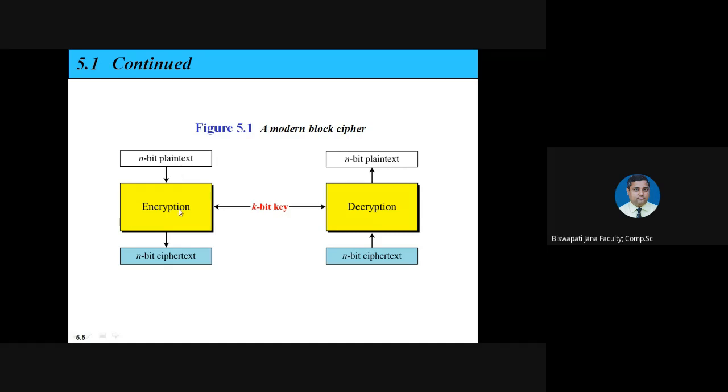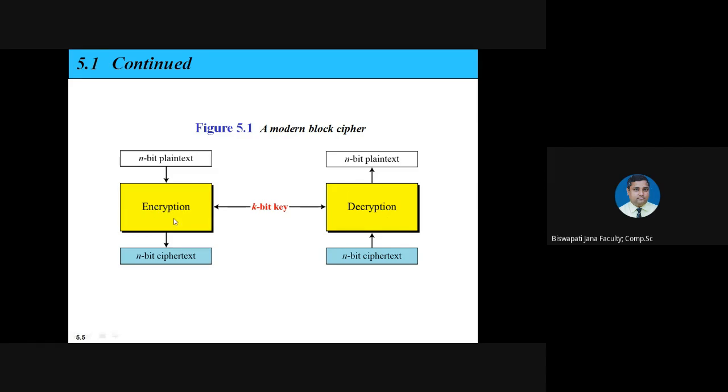So n-bit plain text and k-bit key, and observe that the k-bit key is used for both encryption and decryption. That's why it is called a symmetric key. The same key is used on both ends. One is called encryption and the other is called decryption.